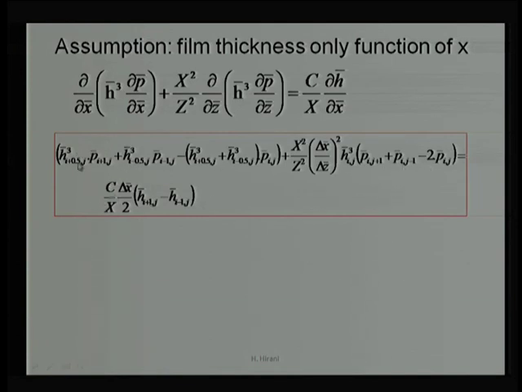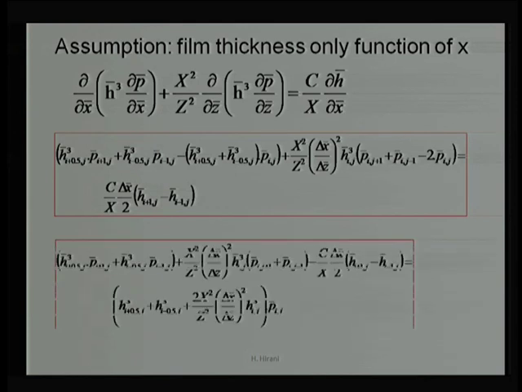What we are going to do now: in this case, particularly, the denominator was del x bar square. We have simplified it, taken this side and multiplied over here. So, this is simplified to some extent. It can be further simplified by summing all the terms related to p(i, j), the pressure at the i, j node.